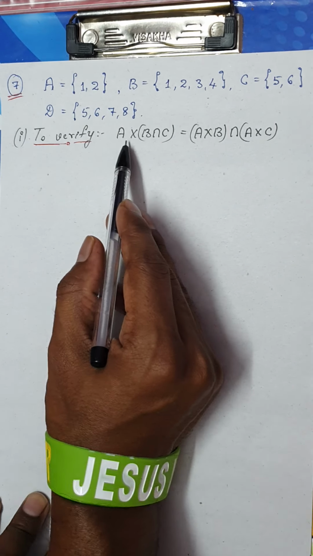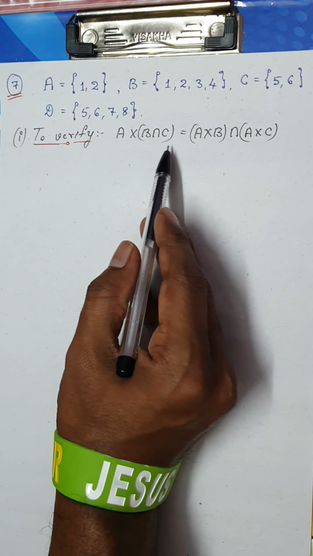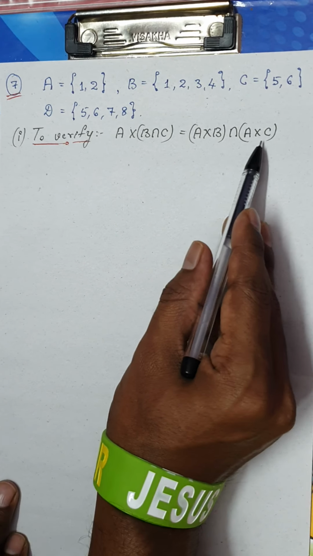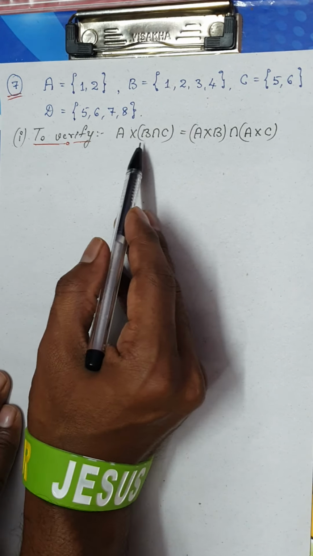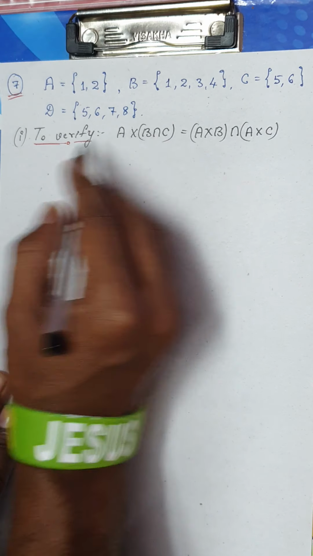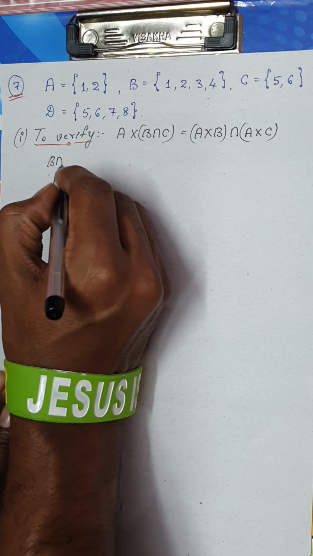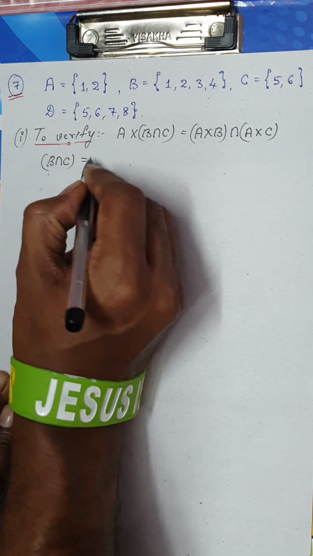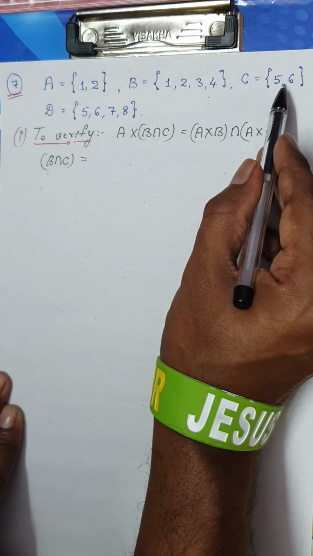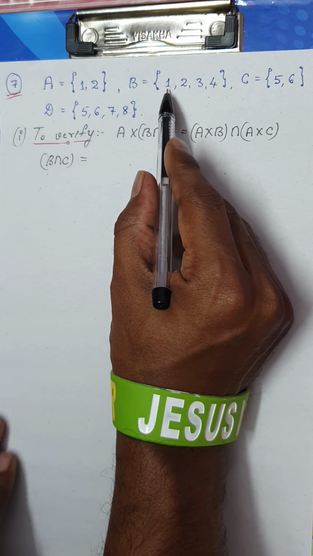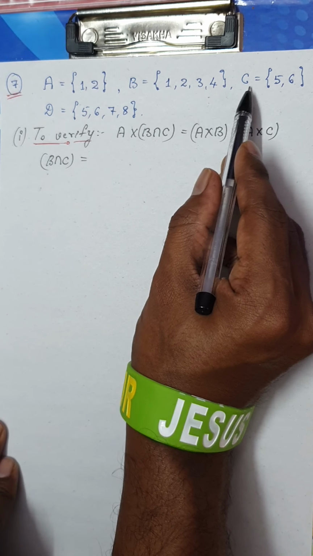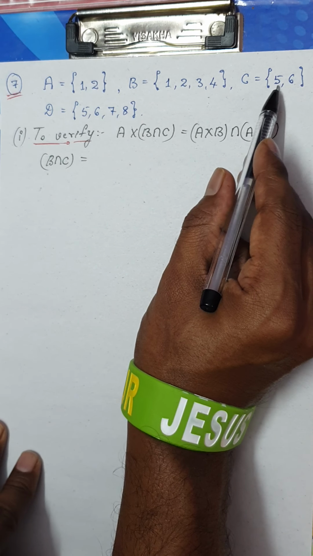I have to verify for the first one. A cross (B intersection C) is equal to (A cross B) intersection (A cross C). First let me find the LHS. I want B intersection C. What is actually B intersection C? The common elements. Now in B the elements are 1, 2, 3, 4 and in C the elements are 5 and 6.